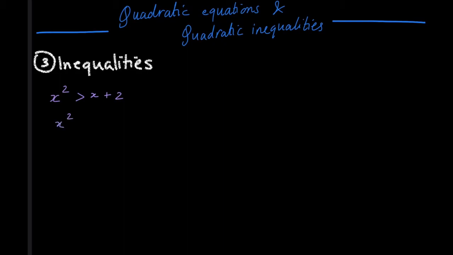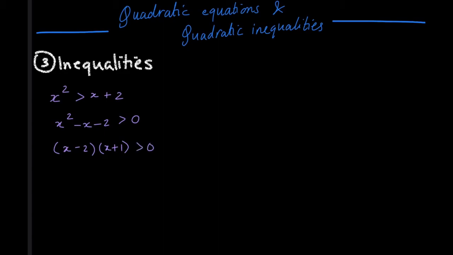So what we can do is rearrange and get everything to one side. X squared minus x minus 2 is greater than 0. And factorize, which would be x minus 2, x plus 1. Over here we can use the method where we think of 2 numbers that multiply to give us negative 2 and add to give us negative 1, which is negative 2 and 1.